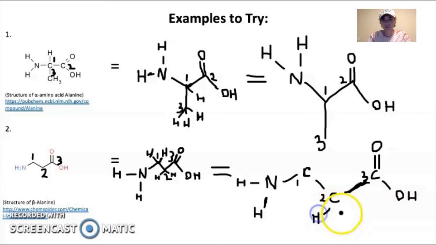Hydrogens. And that would be how you go back to the unsimplified non-skeletal formula of a molecule, where you can see all the carbons and hydrogens present.